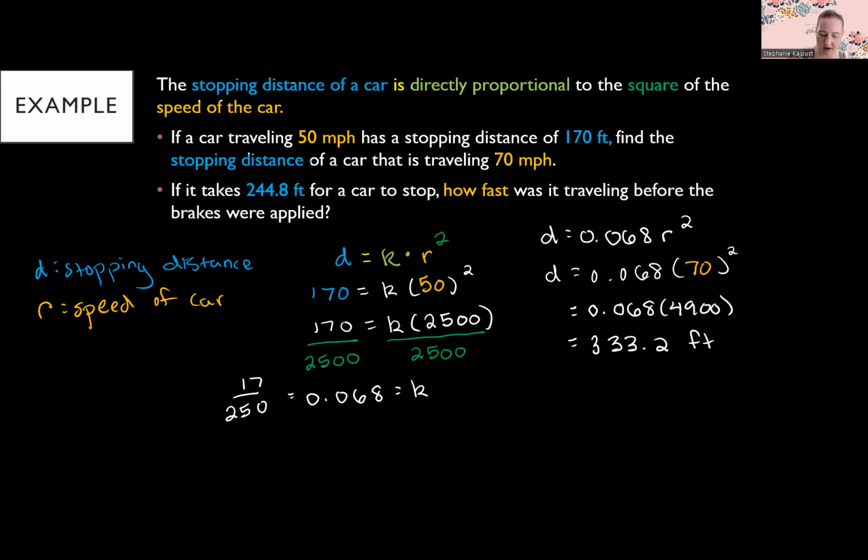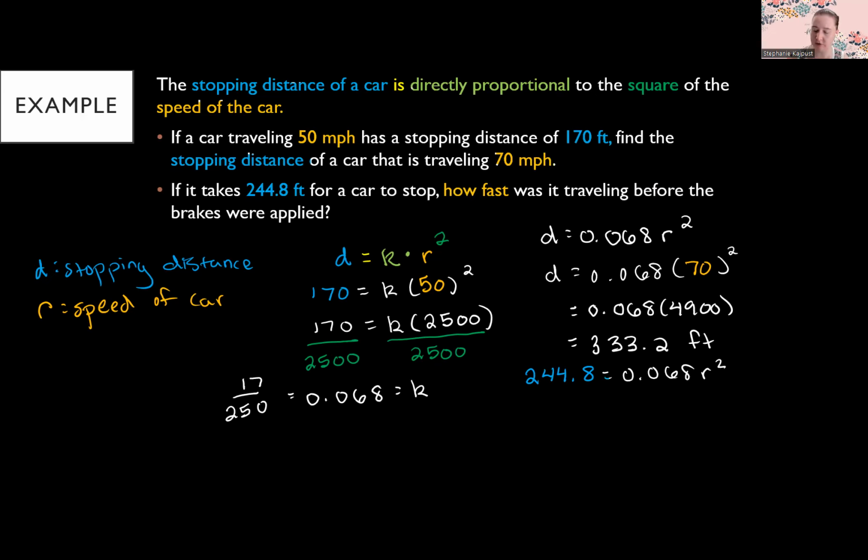So now we're going to take the same equation, but now we actually have a value for D and we're looking for R. So D is 244.8 feet and equals 0.068 R squared. We're solving for R. We're solving for the speed.